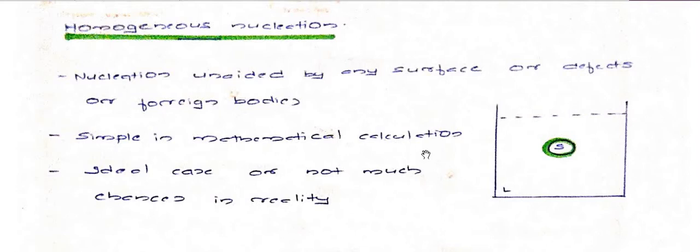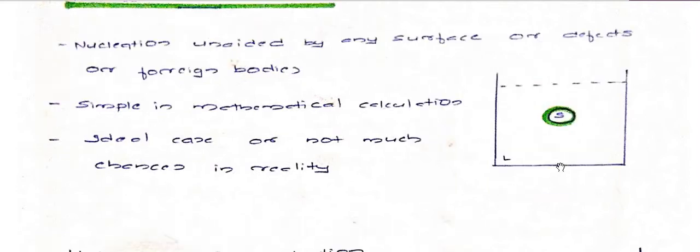We have seen the mathematical calculation, and it is very simple, and it is an ideal case, very rarely seen. In most cases, the nucleation which happens is heterogeneous nucleation.